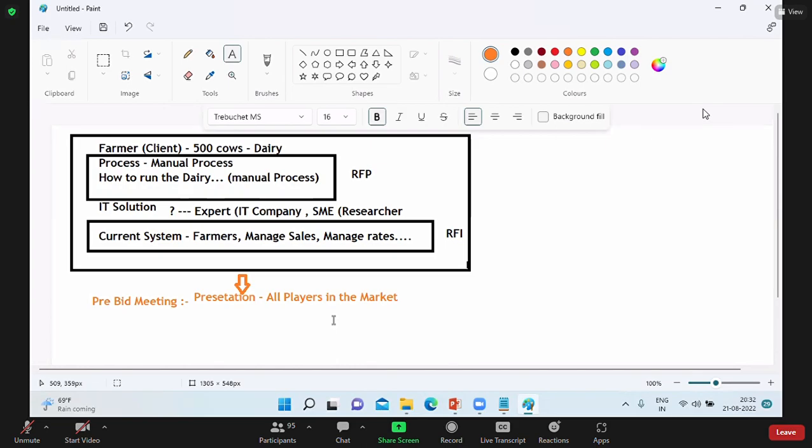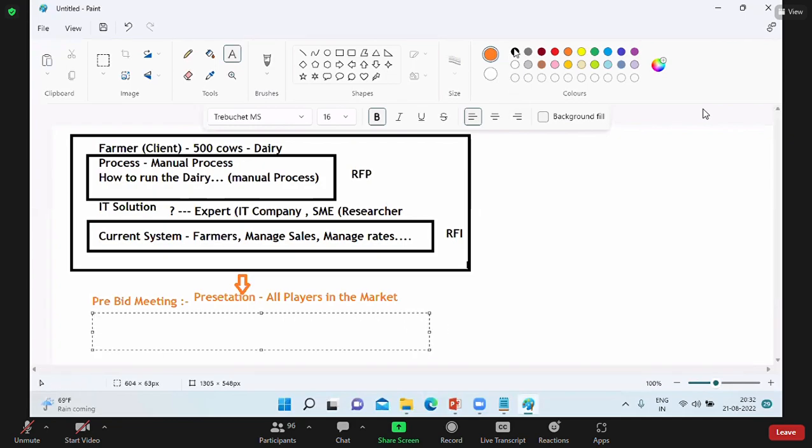Understood? So now they will tell us this is what my requirement is. Who is going to tell this? They are going to tell it in this particular part.